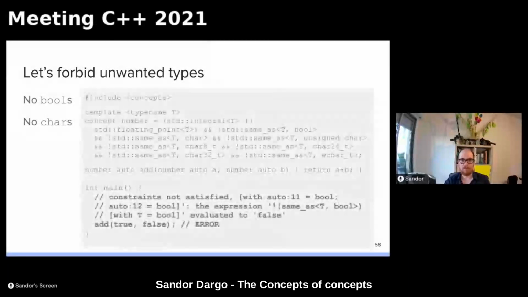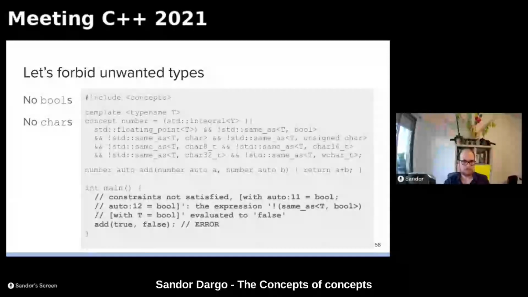No bools, no characters, which means that we keep our concept number as a basis for the new concept, and we add some new requirements. So it shouldn't be the same as bool, it shouldn't be the same as character, whatever. This is quite verbose, but it does the job, and most probably you will need it only once in your code base, if you really want to constrain that your templates cannot be called with whatever that is not a number.